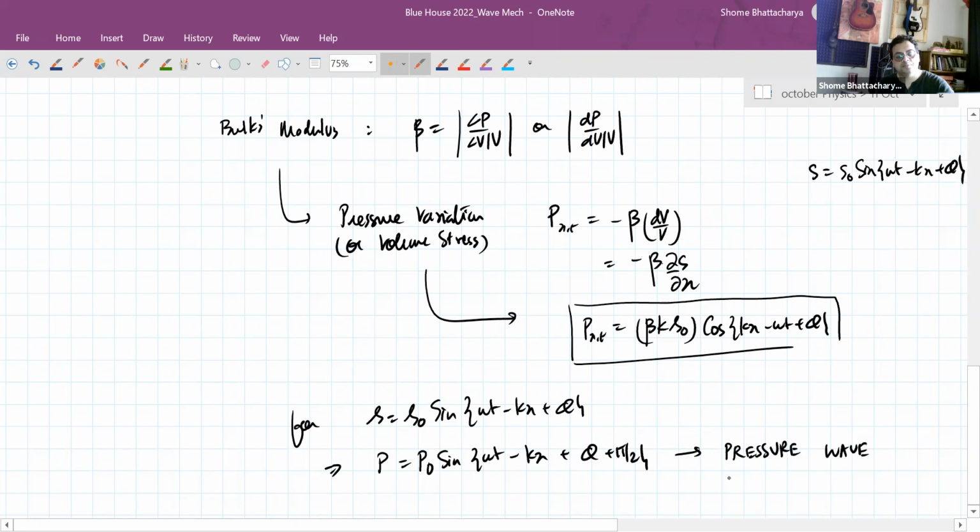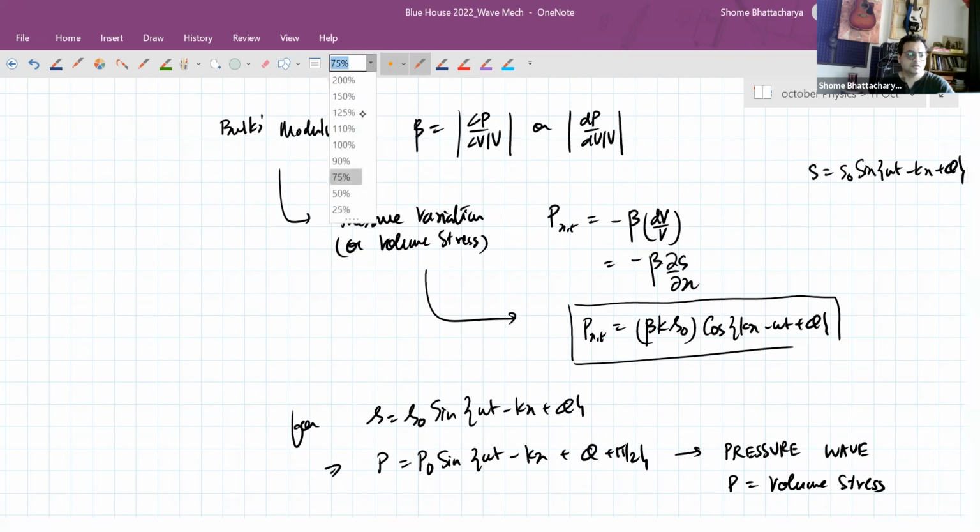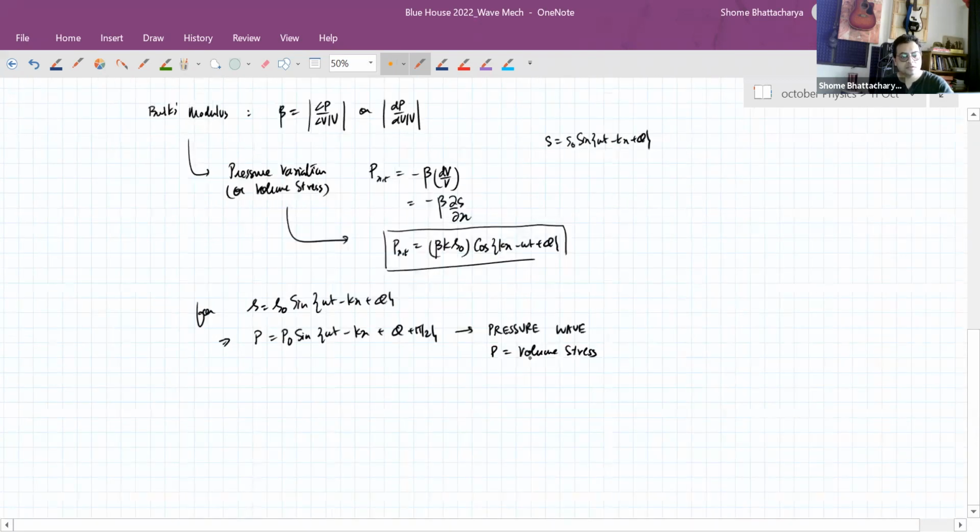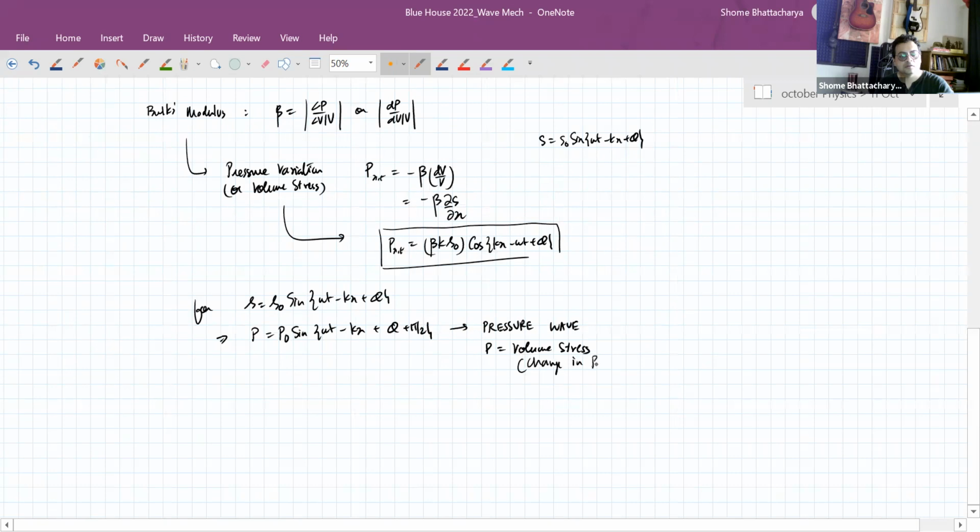Here we have to understand that P is the volume stress, it is not the absolute pressure, it is the excess pressure. So it is the change in pressure at x equal to x at time t equal to t. P naught is this pressure amplitude, and that is given by Bulk's modulus of the medium into k, that is 2 pi by lambda, into the displacement amplitude.